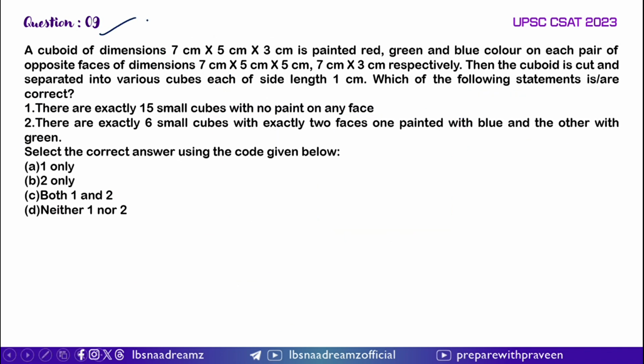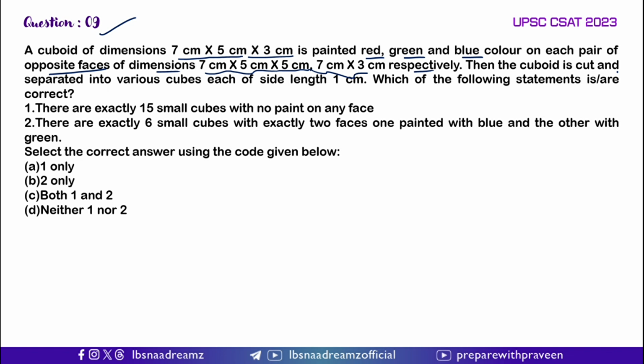Question 9. A cuboid of dimensions 7 cm into 5 cm into 3 cm is painted red, green and blue color on each pair of opposite faces of dimensions. So they have given the dimensions respectively.